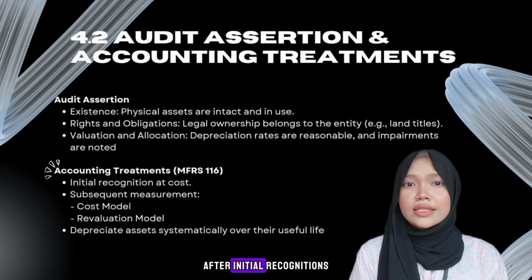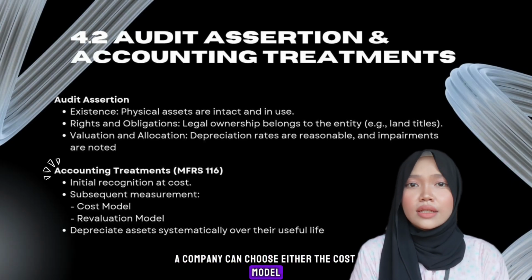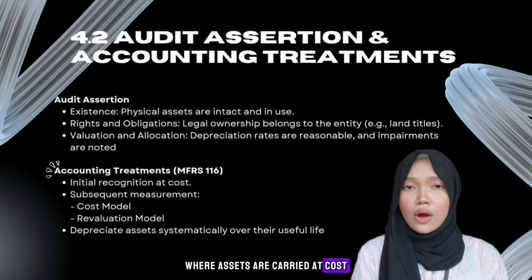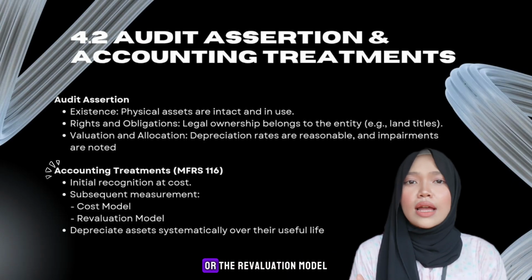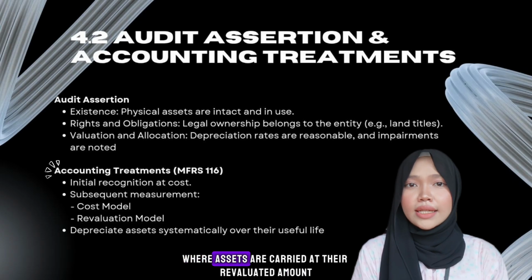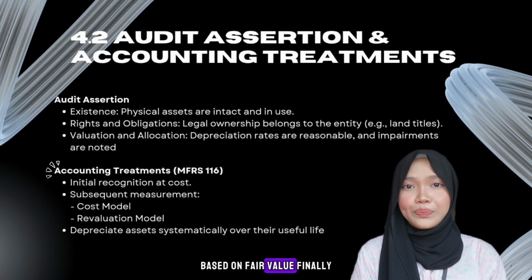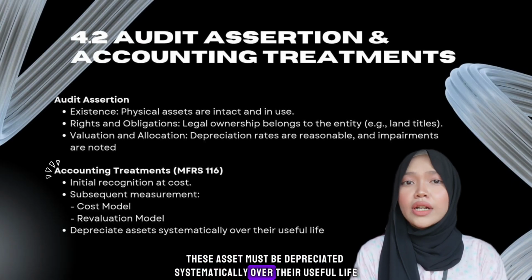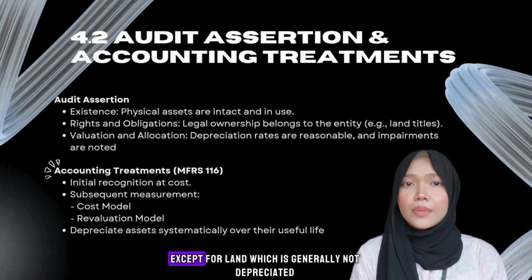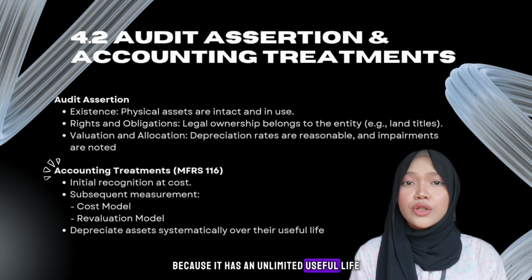After initial recognition, a company can choose either the cost model, where assets are carried at cost, less accumulated depreciation and impairment losses, or the revaluation model, where assets are carried at their revalued amount based on fair value. Finally, these assets must be depreciated systematically over their useful life, except for land, which is generally not depreciated because it has an unlimited useful life.